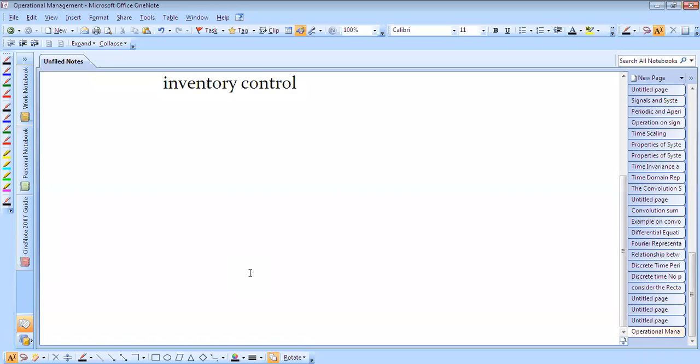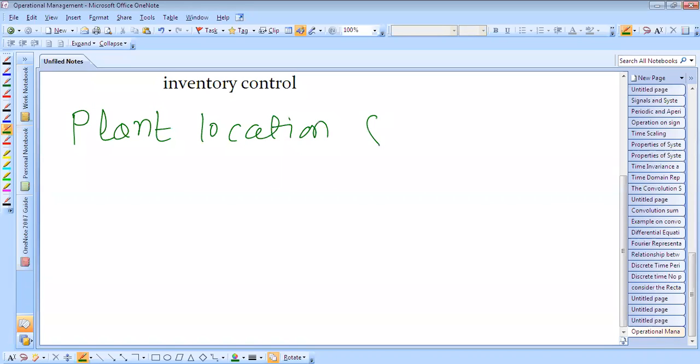So the plant location and layout. We'll first discuss the concept, what we mean by the plant, and what factors govern the plant location.